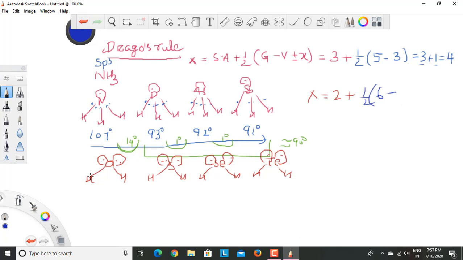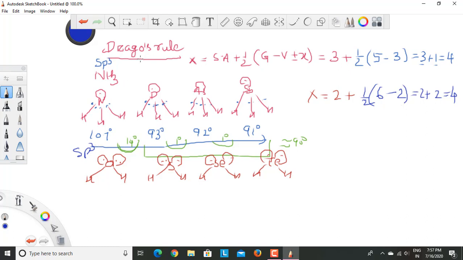Valency of surrounding atom, hydrogen valence is 1, so 1 into 2. Charge: there is no charge, no electron gain, no electron lost, so it is 0. If you apply, it's coming 2 plus 6 minus 2, 4 by 2, so steric number is coming 4. Here surrounding atom is 2, so bond pairs 2, lone pairs 2. Steric number 4 means hybridization will again be sp3.